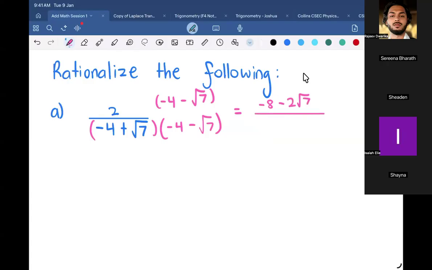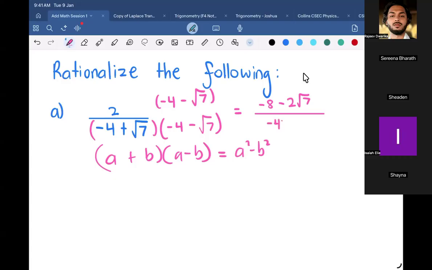And in the bottom, notice that we have A plus B by A minus B. This is an example of difference of two squares. Anytime you have difference of two squares, your answer would always be A squared minus B squared. Can you recognize what A would be in this case? A would be minus 4.